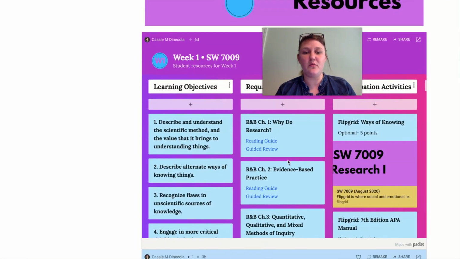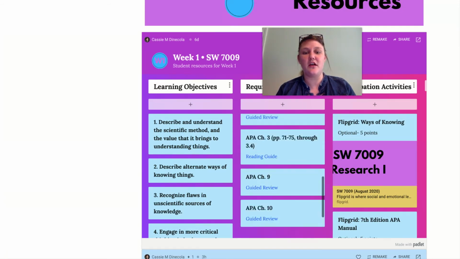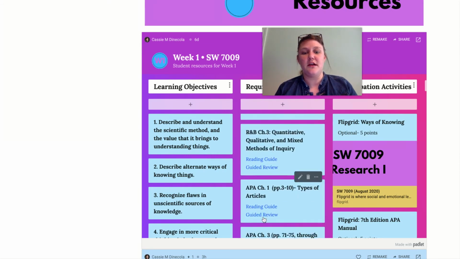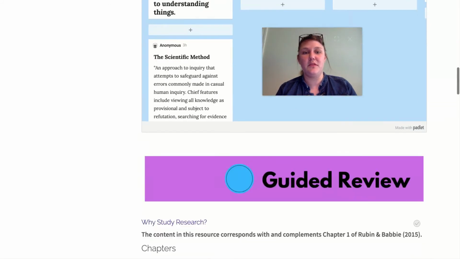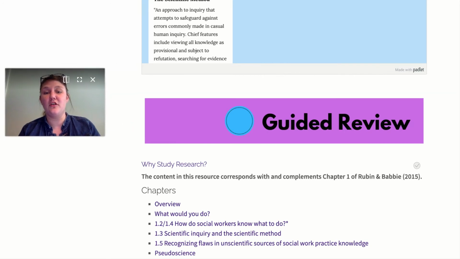You'll remember that one way to look at those guided reviews is to click on the links that are associated with specific readings, but you also can find them if you keep scrolling. There is a section that is called guided review.